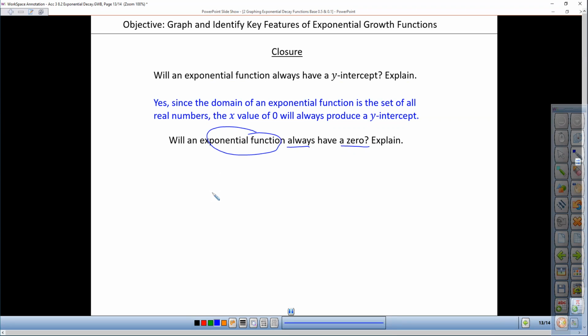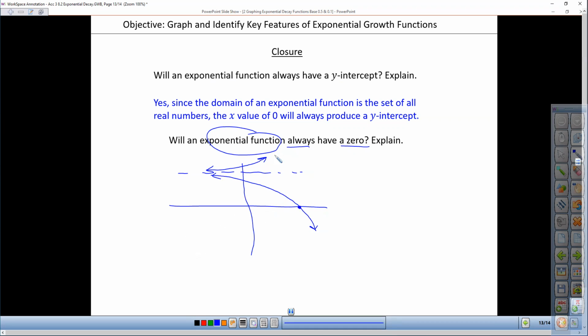So what do we know about exponential functions and their nature as far as how the curve goes? Well, we know they have a horizontal asymptote, but that horizontal asymptote can move. We also know that we can have reflections. So like we can have an asymptote here with a curve above it. In that case, there won't be a 0, but the curve could be below it, and then we would have a 0.